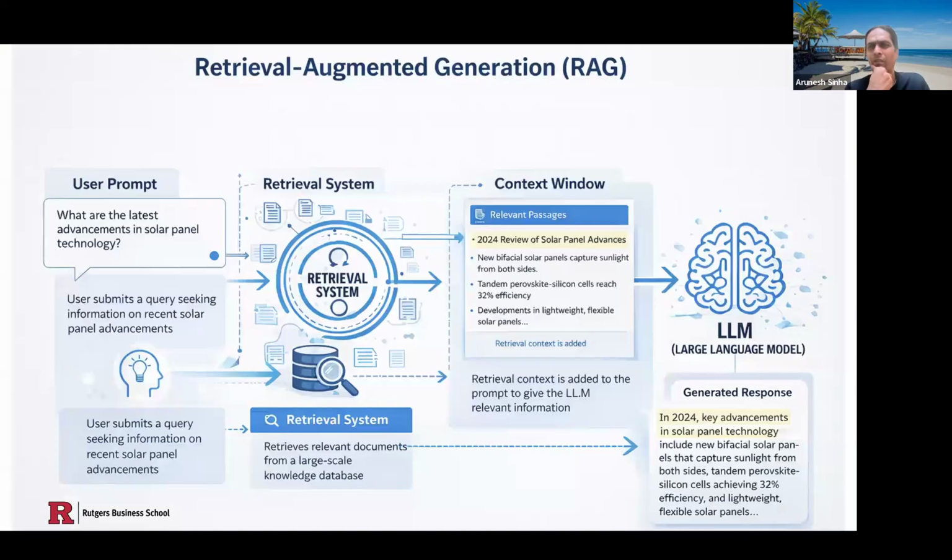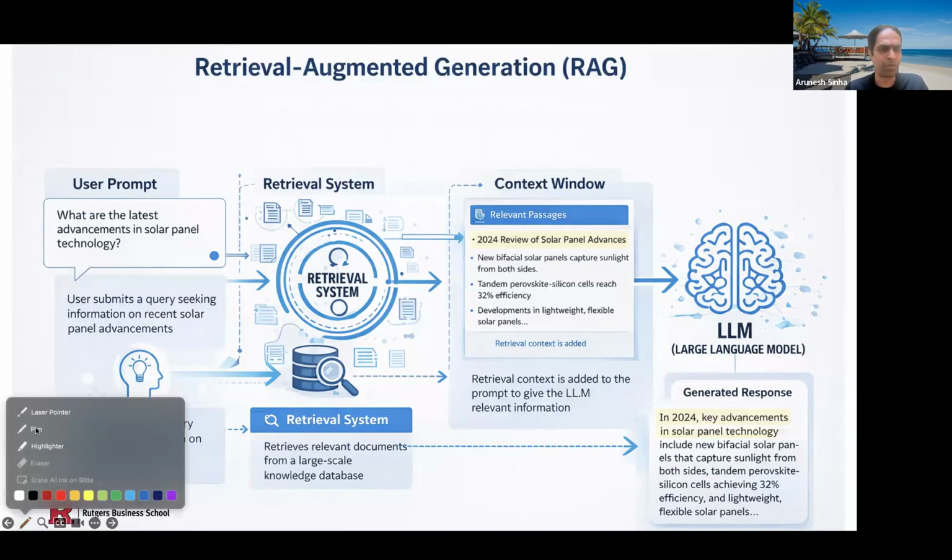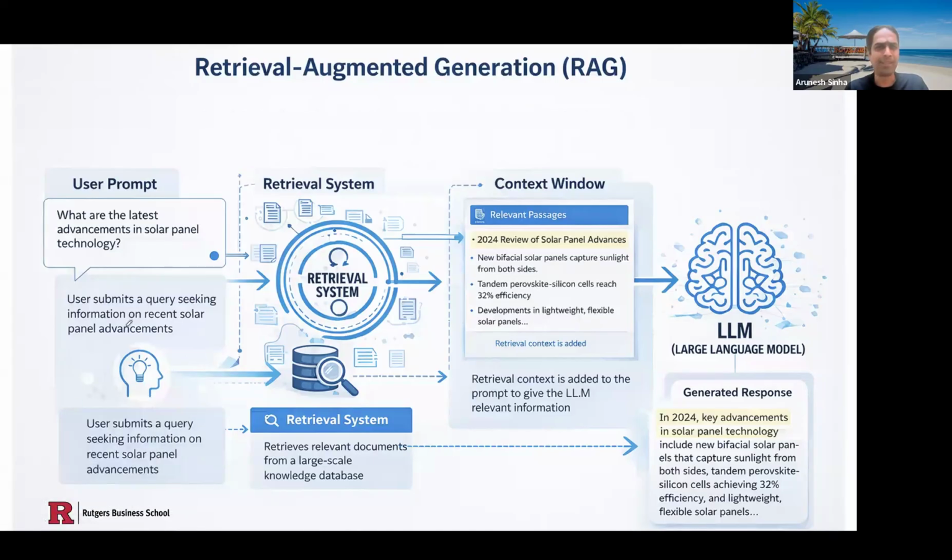Another thing that I'm going to repeat from the first video is the idea of retrieval augmented generation. I had mentioned this in the first video. I'm just repeating it because I'm going to show how this works in Gemini. This is based on the concept of having a retrieval system, which is a sort of wrapper built around the large language model.